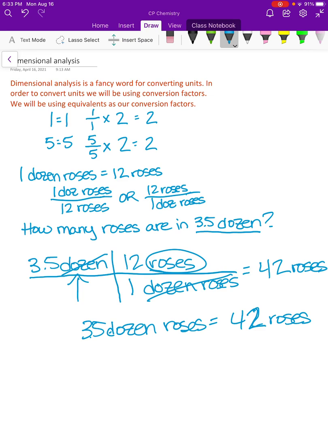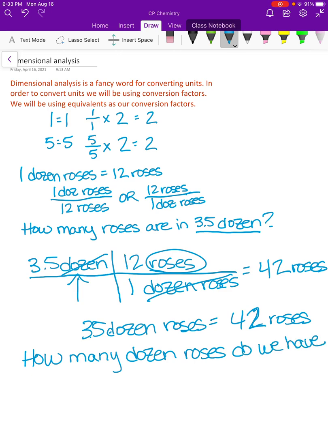Okay, so if we did it a different way, how many dozen roses do we have if we have 231 roses?